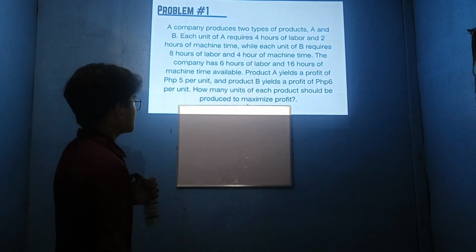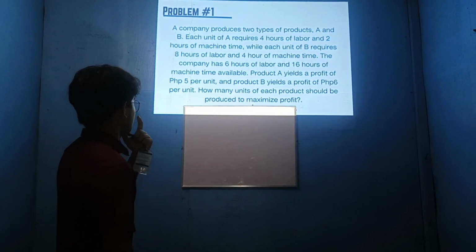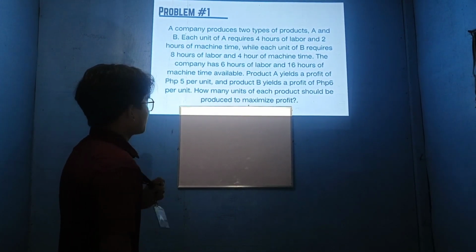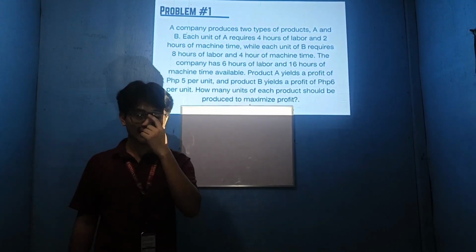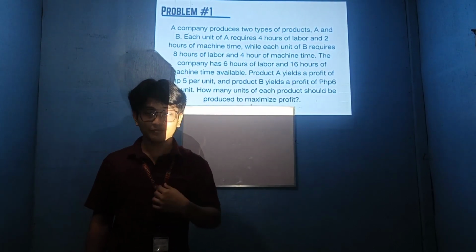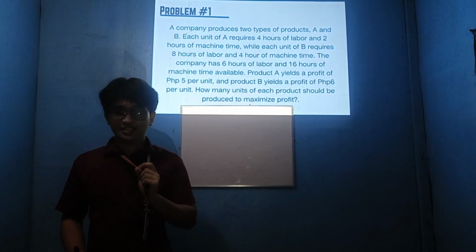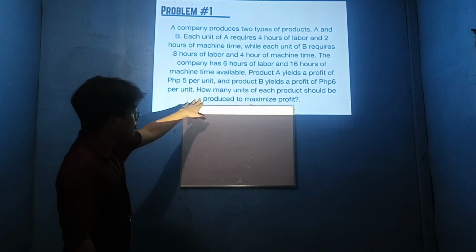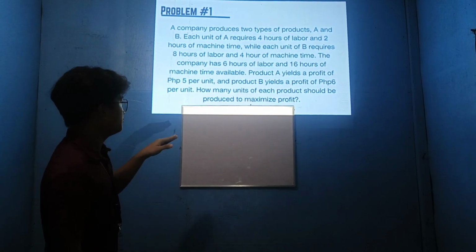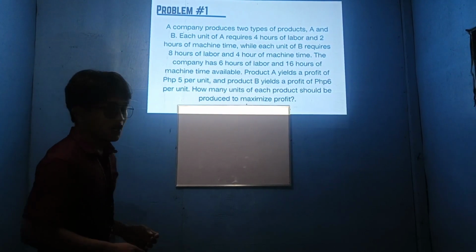The company has 6 hours of labor and 16 hours of machine time available. Product A yields a profit of 5 pesos per unit and product B yields a profit of 6 pesos per unit. In this problem, we ask how many units of each product should be produced to maximize profit.